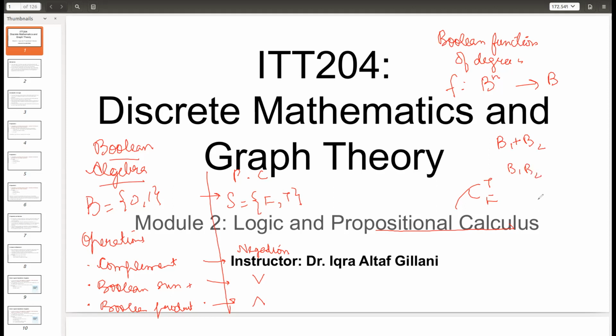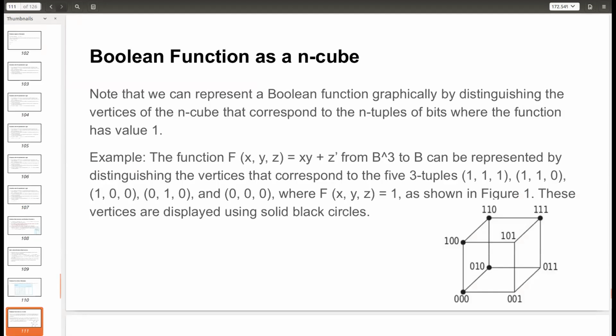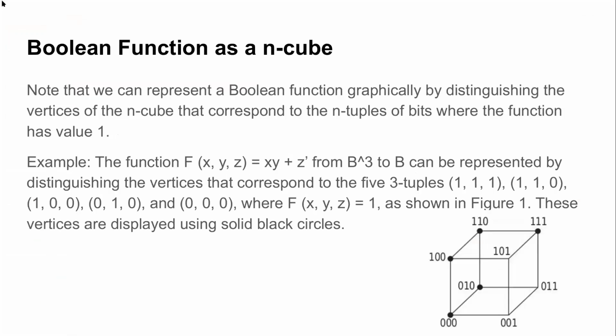So if you go on nesting Boolean sums and products to any depth, the result will also be a Boolean expression, right? And what we ended up discussing was that Boolean functions have a neat representation in the form of an n-dimensional cube.